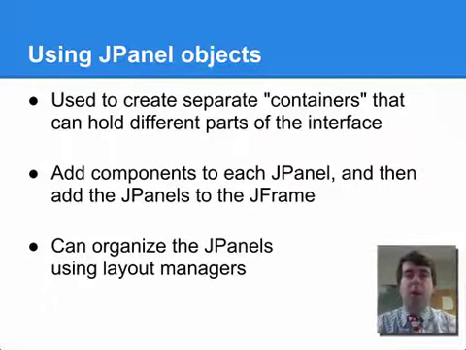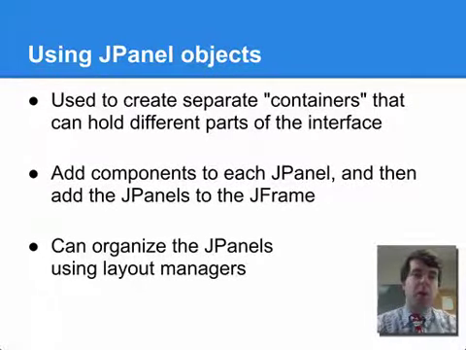So what you're going to do is take all of the fundamental objects that are part of your application, like JButtons, JLabels, things like that, and group them into little clusters of JPanel objects. And then you can take those JPanels and put them inside of larger JPanels until eventually you end up with one uber JPanel that contains everything, and that's what you add to your JFrame.